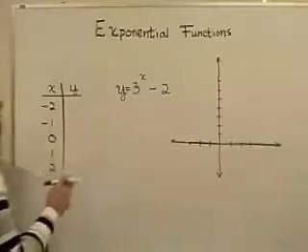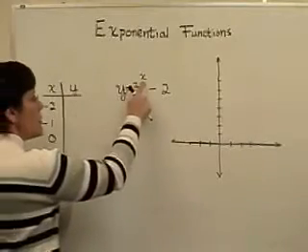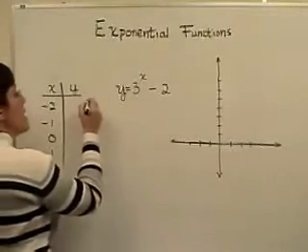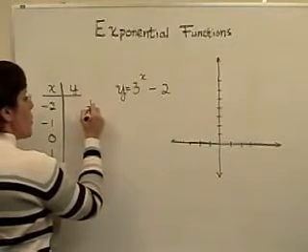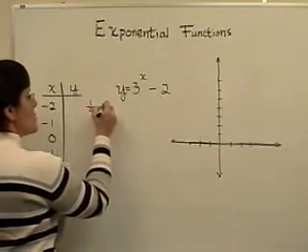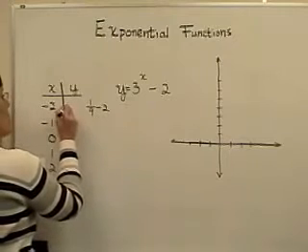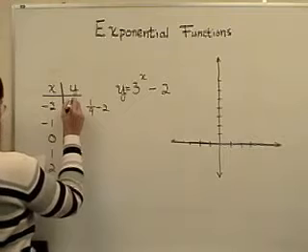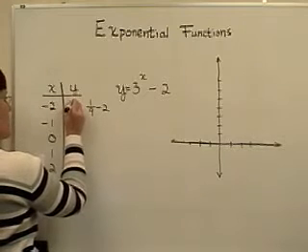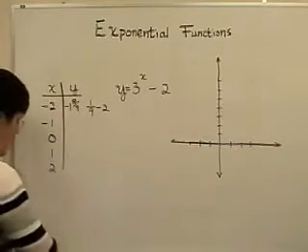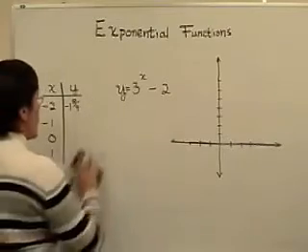They're going to give me some fractional values, but when I put a negative 2 in here for x, 3 to the negative 2 is 1 over 3 to the positive 2, or 1/9. And then I'm going to subtract 2 from that, and I'm going to get a negative 1 and 8/9. I guess that's the way I'm going to write it. And I'm going to erase this so it doesn't get in the way.